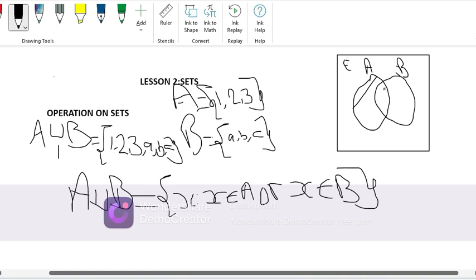I said the element can be either in A, so we are painting A, or in B, so we are painting everything in B. If you are told to write A union B in a Venn diagram, this is what we are going to do. The elements of A will be in A, and the elements of B will be in B. So that's A union B.